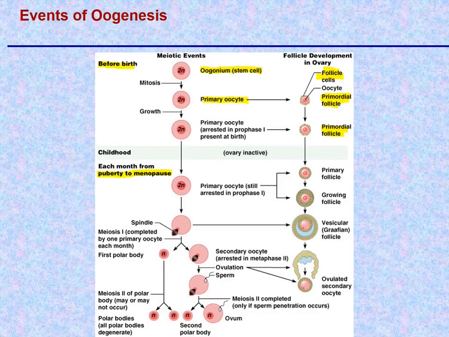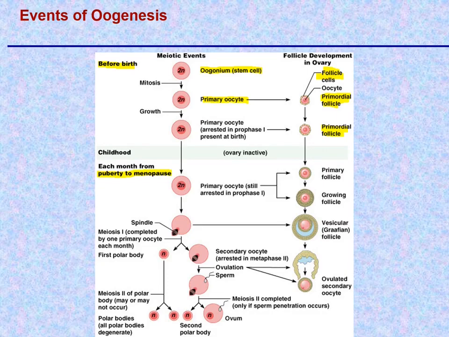Each month a different primordial follicle starts to develop, and eventually goes through all the stages of the different follicular development or ovarian cycle, and releases an egg.